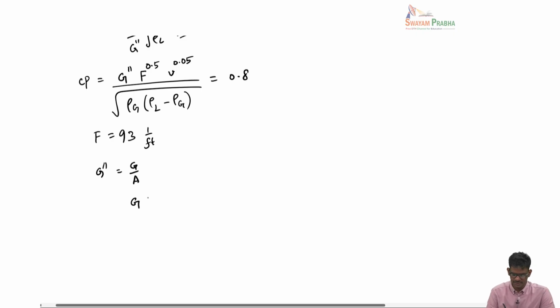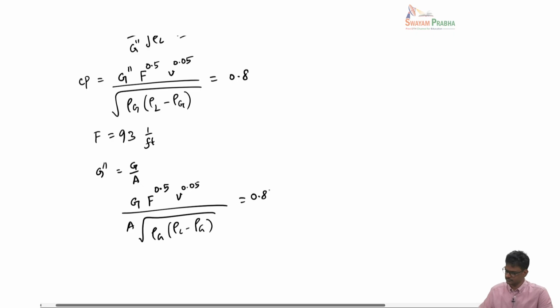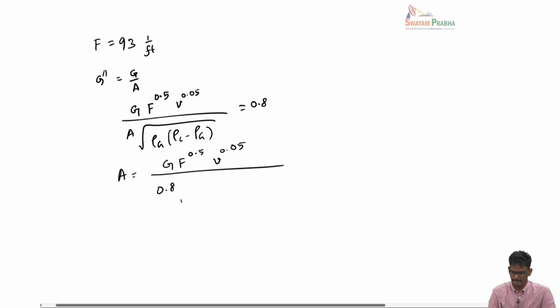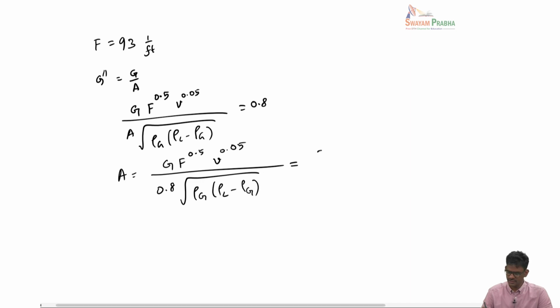So you'll have G, so A will be equal to G times F. G is 23, F is 93 power 0.5, and kinematic viscosity is 2.